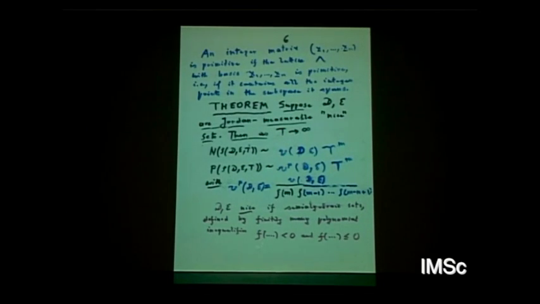An integer matrix is called primitive if the lattice with basis x1 through xn is primitive, but if you don't know what that means, one has to explain it a bit better. Namely, it is primitive if it contains all the integer points in the subspace it spans.